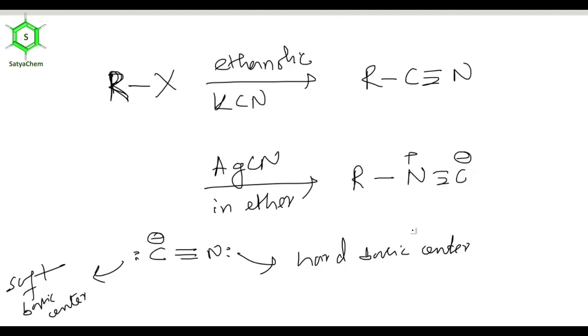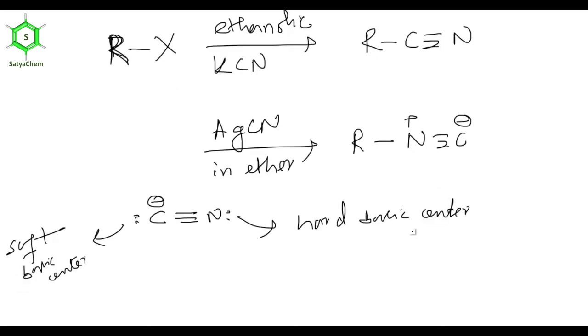And a soft basic center loves a soft acidic center, and a hard basic center loves a hard acidic center. Now, RX, delta plus, delta minus. Suppose it is CH3X.